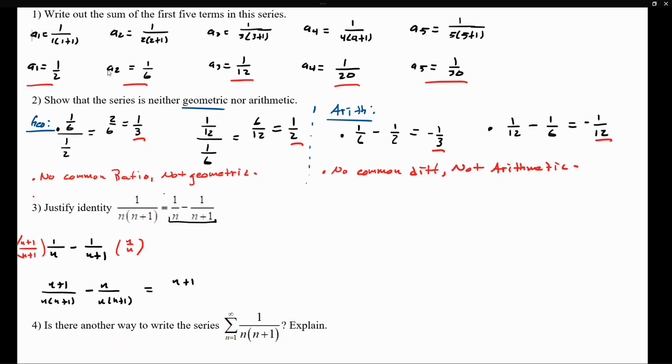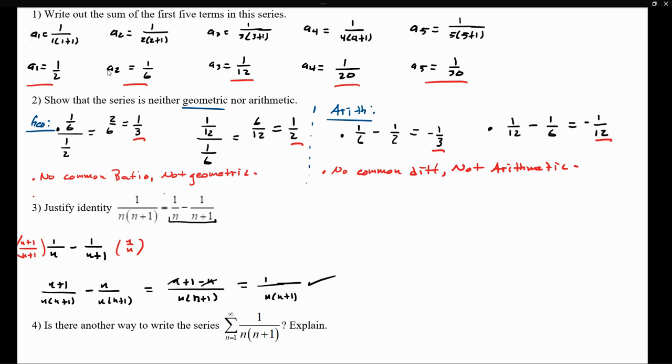I can just subtract the numerators. And here notice that the n's will cancel out. So I have shown that yes, this is the justification. I have shown that the expression 1 over n minus 1 over n plus 1 is equivalent to 1 over n times n plus 1.